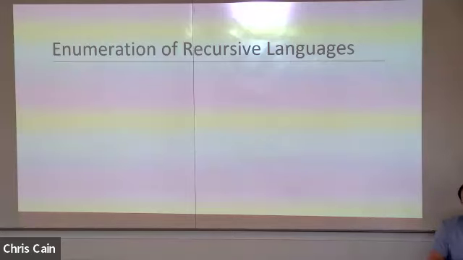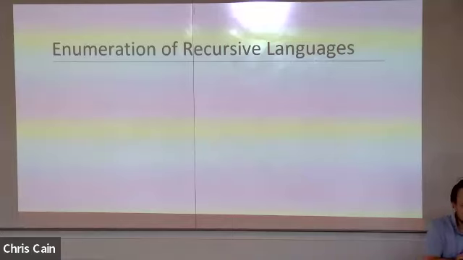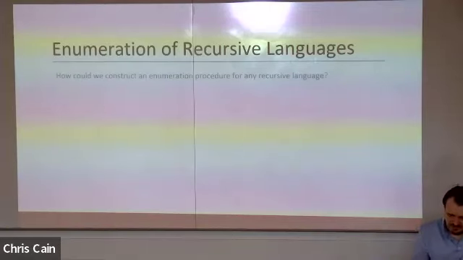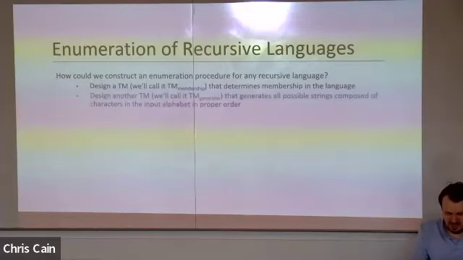Last time we were talking about how to enumerate the couple new classes of languages that we just started talking about, so recursive and recursively enumerable languages. Recursive was a class of language that we can answer both yes and no to. So we talked about constructing an enumeration procedure. It involved generating 2 Turing machines, a membership Turing machine and a generation Turing machine.